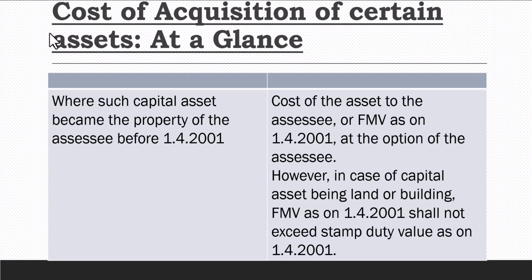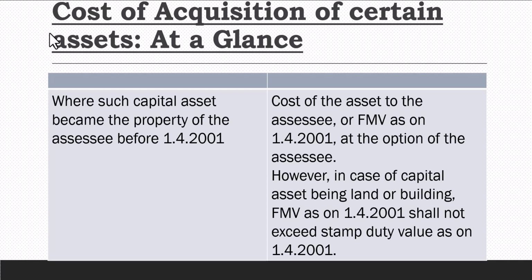If the purchase price was higher, then he can take the purchase price, but definitely the fair market value will always be higher. Okay, read further. However, in case of capital asset being land or building, fair market value as on 1st April 2001 shall not exceed stamp duty value as on 1st April 2001.